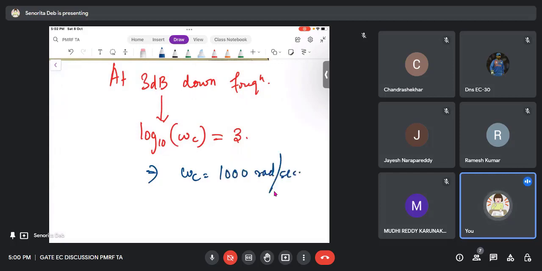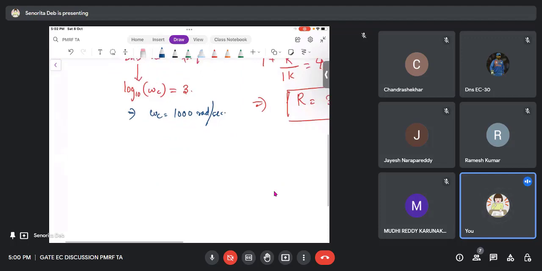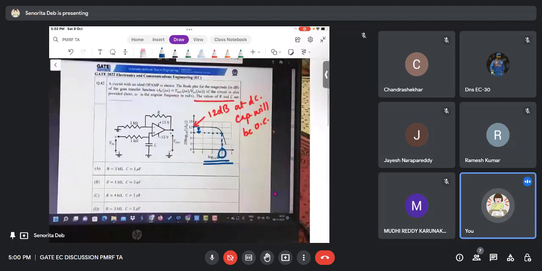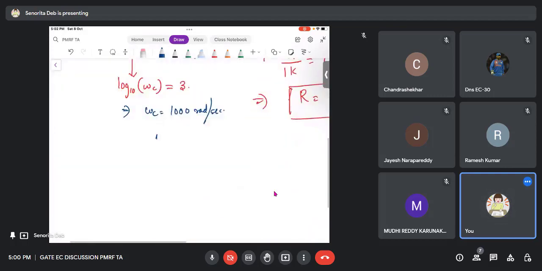Now how is the corner frequency given? In a normal RC circuit, the corner frequency is given by 1 by RC. 1 kilo ohm you already have, and then you have C, and here you have 1000, 10 to the power 3.